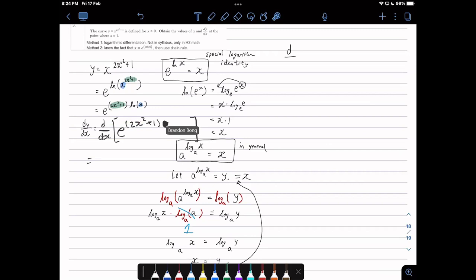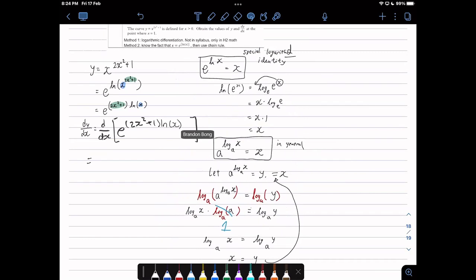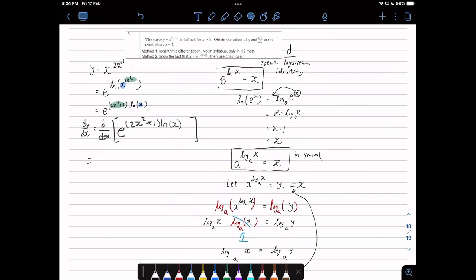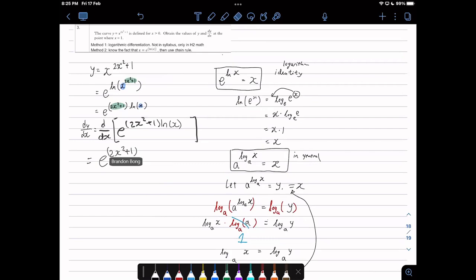So it's times ln x. And this one stays the same, right? Correct, yes, ln x as well. You take the entire power, so this entire thing remains.